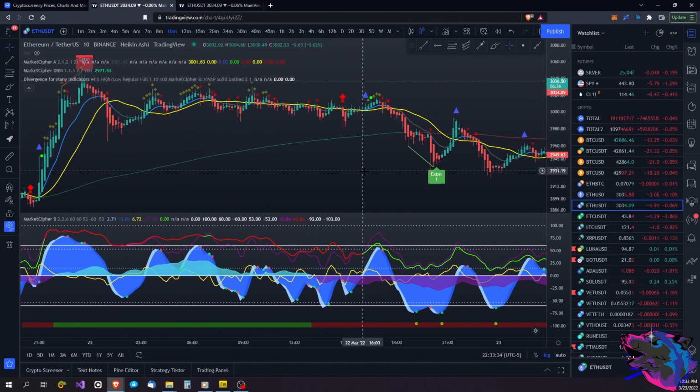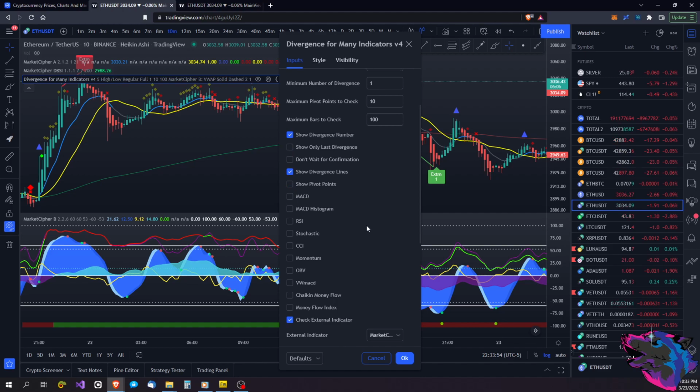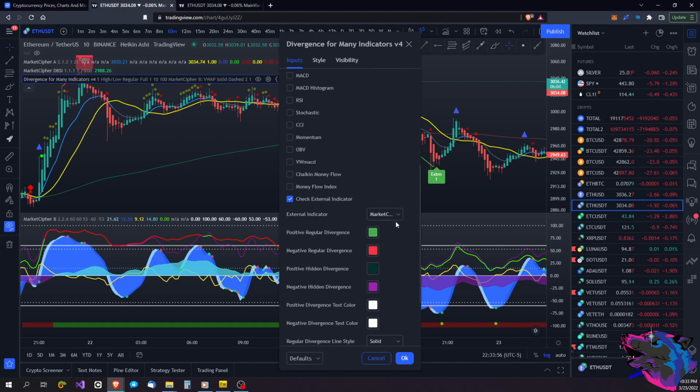Now, obviously, it's not picking up every one of them. Not sure what the deal is there. I haven't played around with all of these variables over here. Maximum bars to check. I don't think that one's going to be a problem.